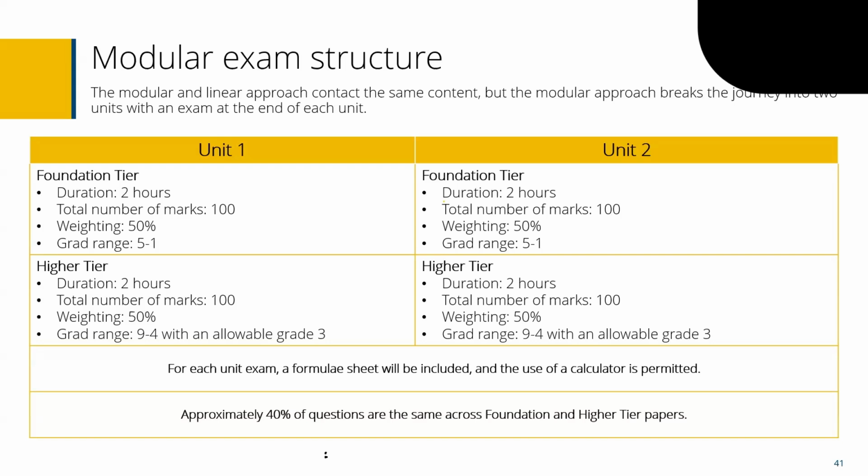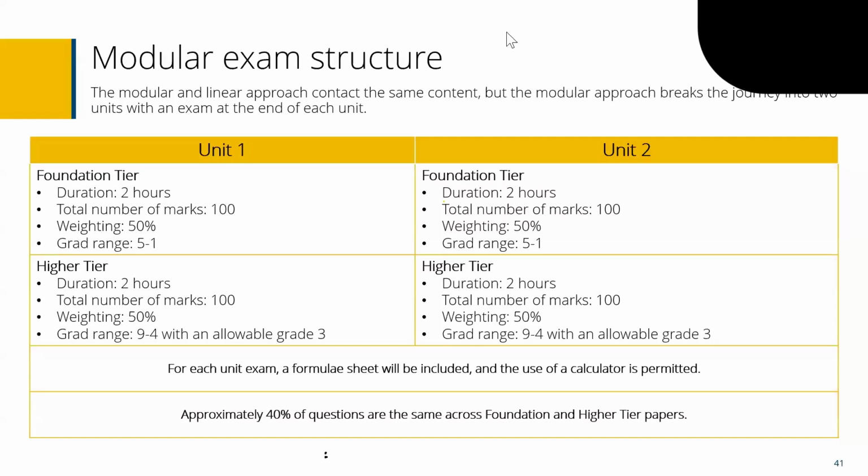A calculator may be used in the examinations as well. Looking at the bottom there, let me just move the chart because it's in the way of my slide. For each unit, a formula sheet will be included, as you can see there. And approximately 40% of questions are the same across both foundation and higher tier.